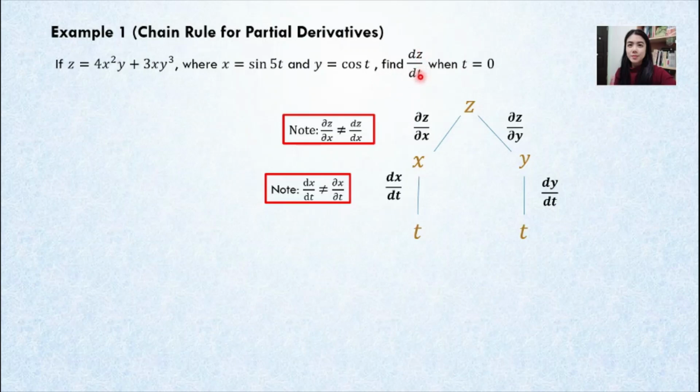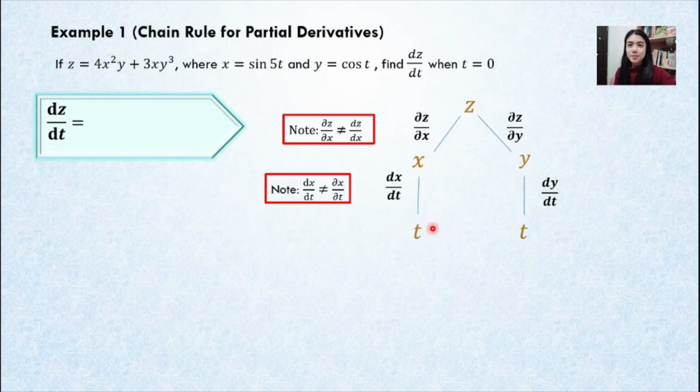Let's see what happens to the formula. You have dz dt, so let's figure out what the formula for dz dt is. You begin the formula by analyzing the tree diagram. What you have to do is find the end node, that is t. This is the first branch.